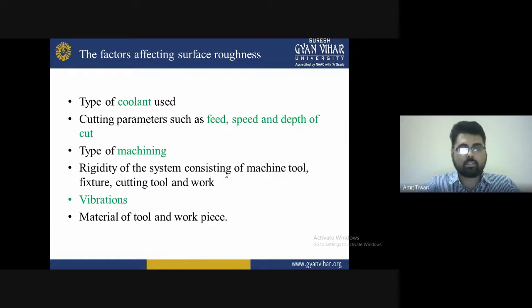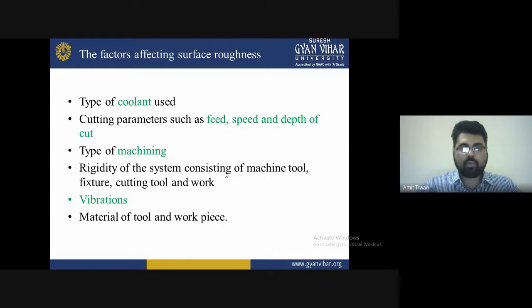Another one is the rigidity of the system consisting of machine tool, fixture, cutting tool and workpiece, which will be observed during the machining operation. These are all factors that affect the result. The rigidity of the system depends mostly on what tool we use, the tool material, and the property of the tool and the workpiece material.